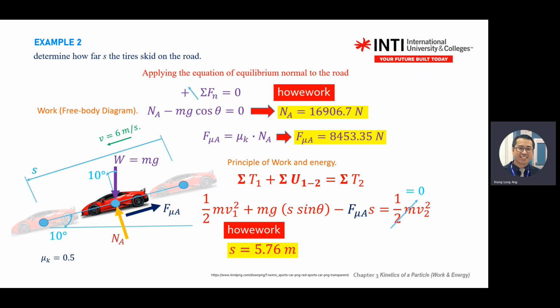Means your answer for B is the same as the answer for C, but with a different equation. If you do F equals ma in section B, when the question asks you to use the principle of work and energy, then you're wrong. Although you get the answer 5.76, you won't get full marks for that one. Be specific in the equation you use.